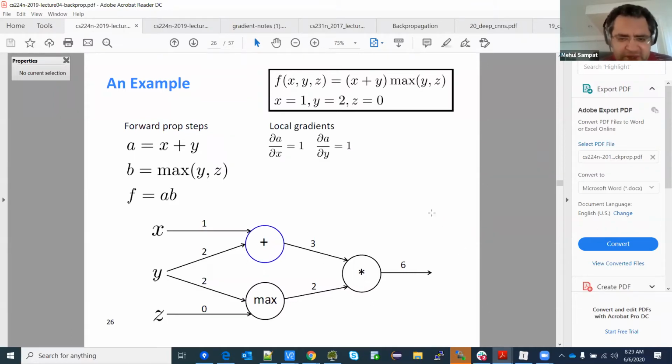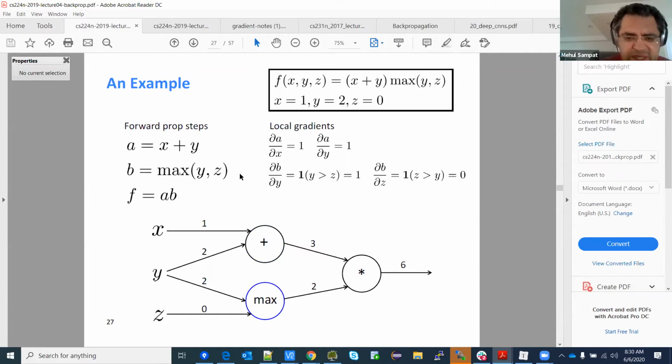Now, Dinesh's question about the local gradients. In this example, del A by del X is just 1, and del A by del Y is just 1. So the local gradient is just 1 for these two variables. The local gradient for the max is a little bit tricky.